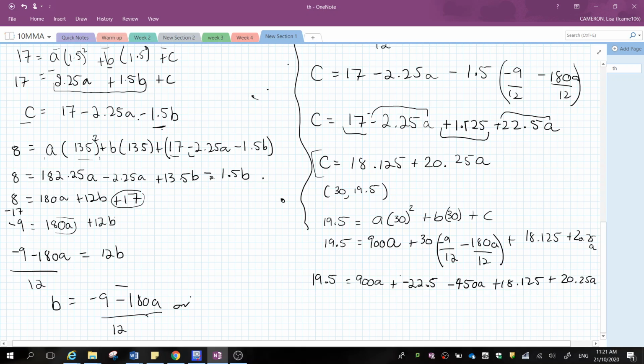Okay, now we're up to grouping our like terms. So all of the a's, I've got this one and this one and this one. Don't forget to take the symbols in front. So 900 minus 450 plus 20.25.